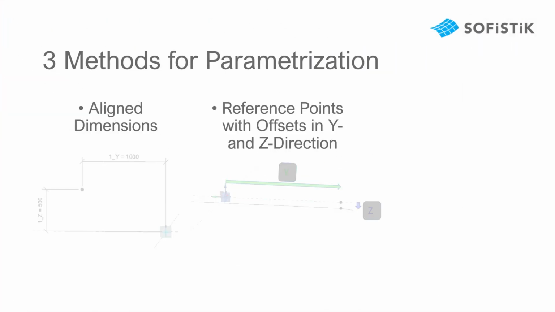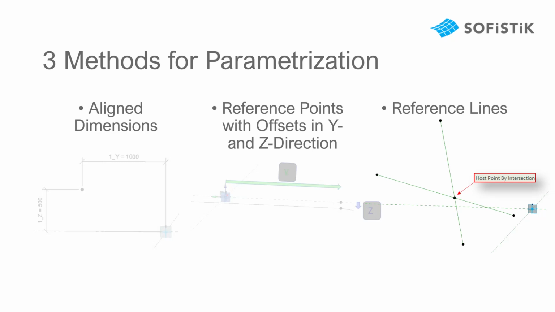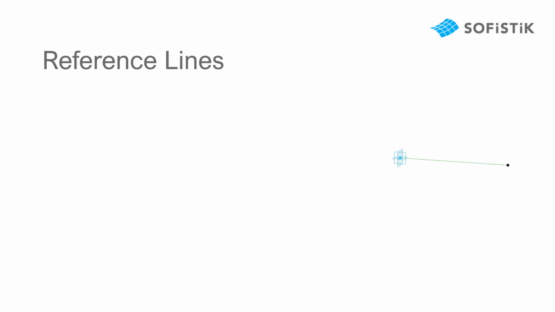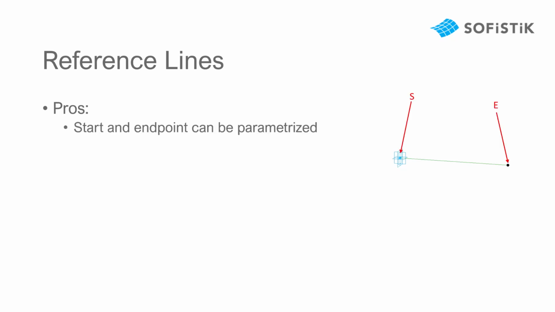The third method I want to talk about are reference lines. These reference lines can combine multiple functionalities into a very simple line-based connection. So when we talk about reference lines, we have a couple of pros and cons to consider. Reference lines have a start and an end point.